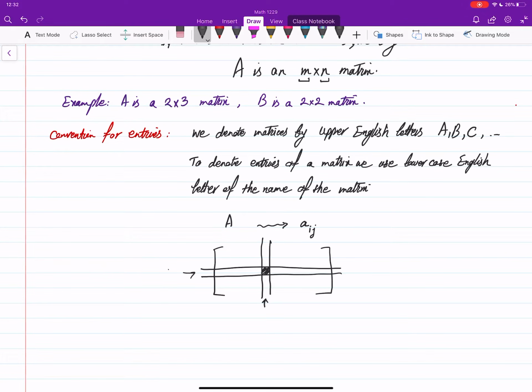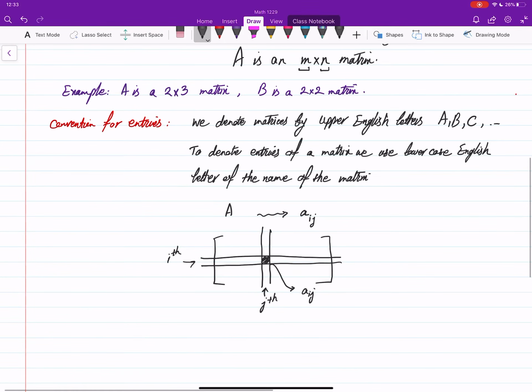So if the row number is i and the column number is j, the entry at the intersection is called a_ij. As in the convention for the dimensions, row always comes first and column comes second.